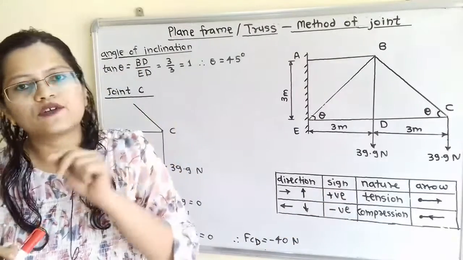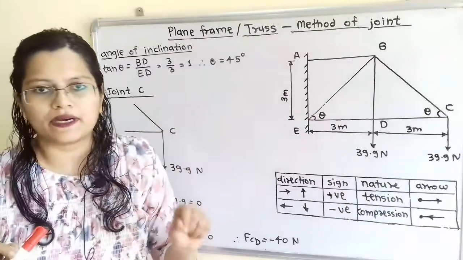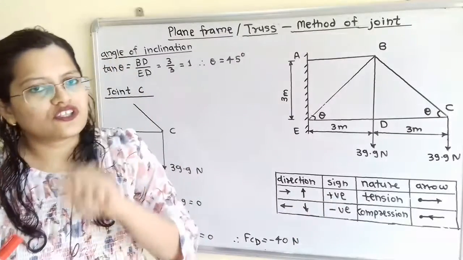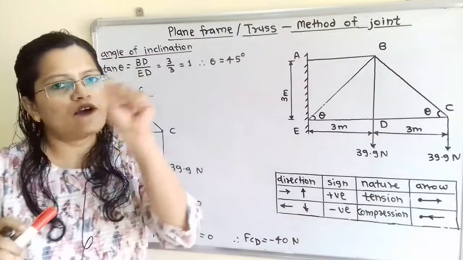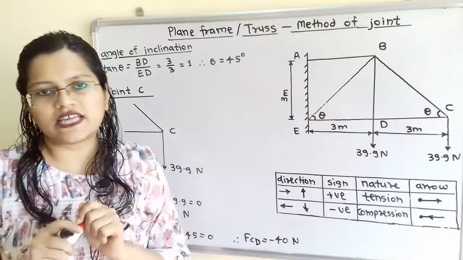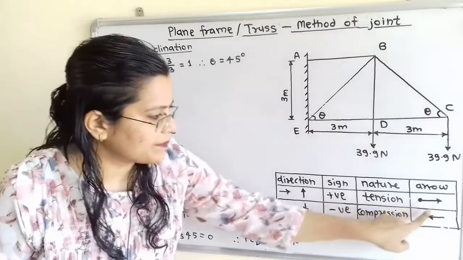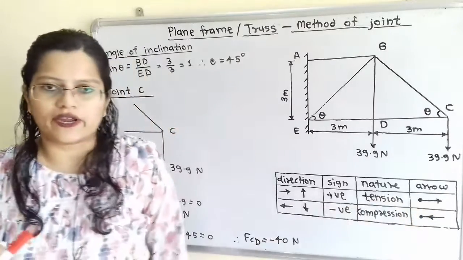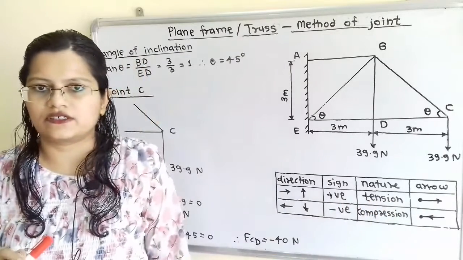And when we calculate the unknown force in any member, and that answer is positive, then the nature of force in that member is tension, and we have to mention in the answer. And how to show this direction? So suppose this is the joint and this is the member, then we have to show arrow away from this joint when answer is positive and nature is tension.